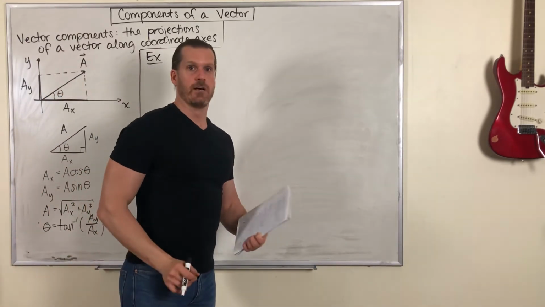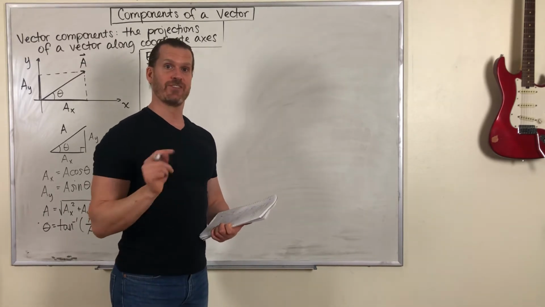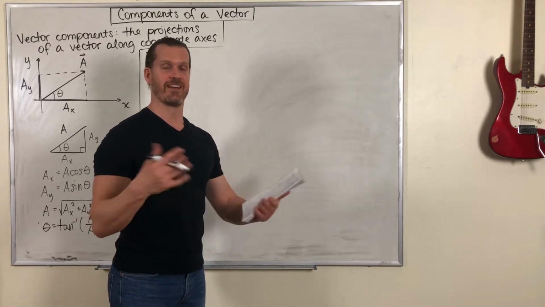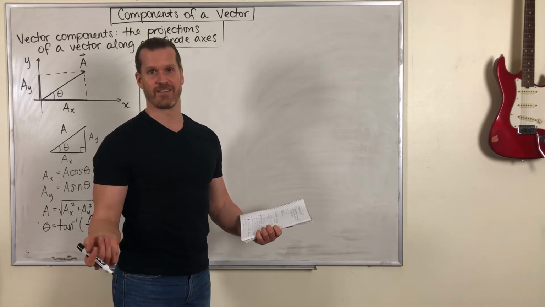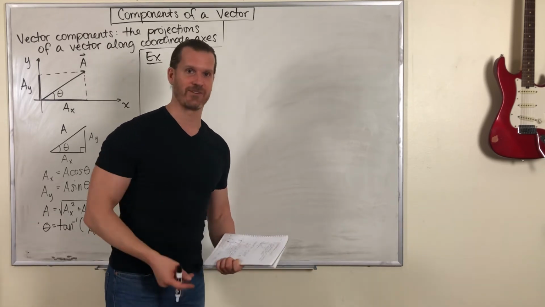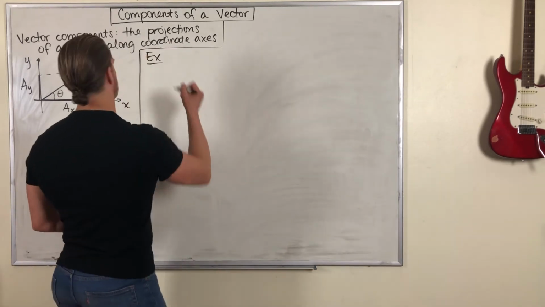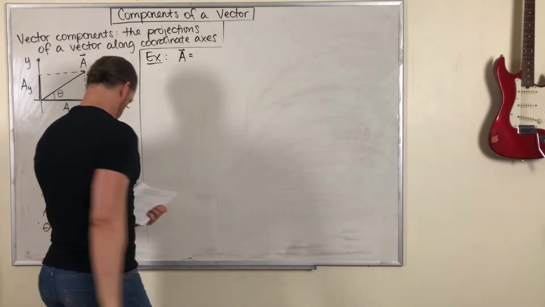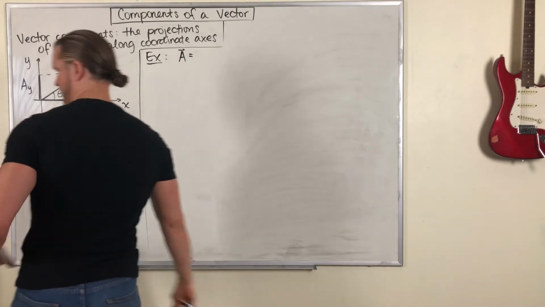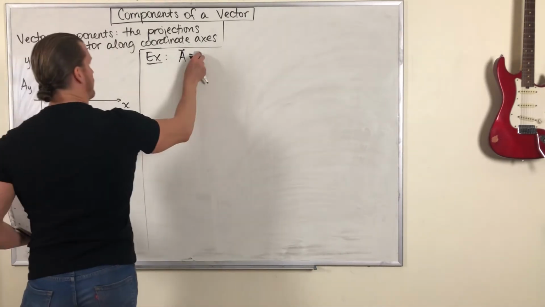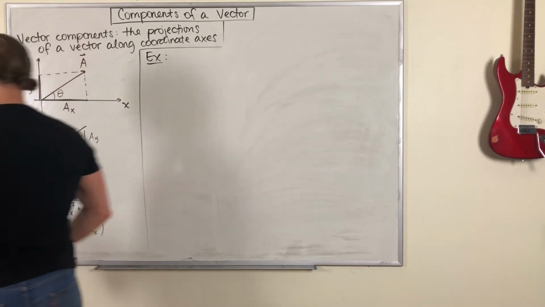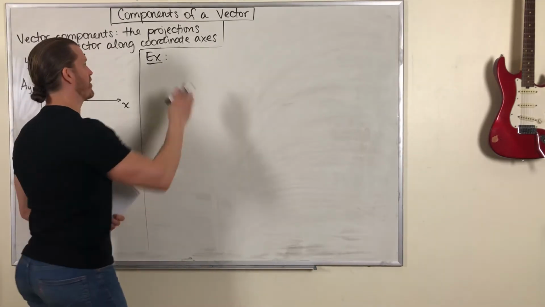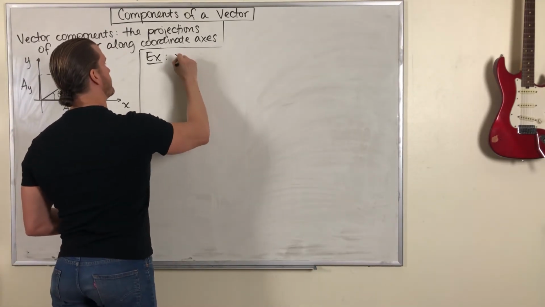Next example, I'm going to give you the vector in component form, and we'll express it in graphical form and magnitude angle form. So let's say this vector, I'll give it a different name this time, just so you don't get in the habit of calling everything A. We'll call this one V for velocity.